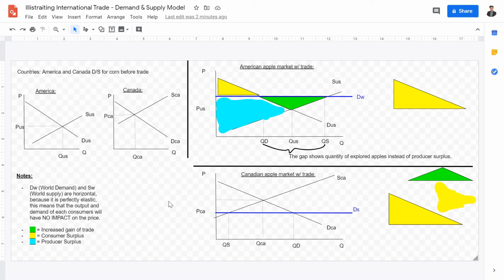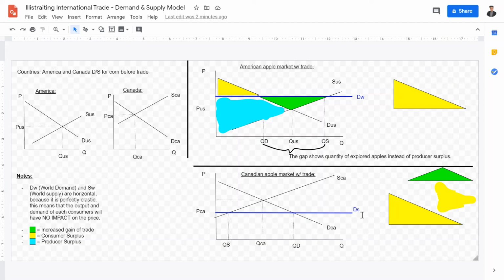Why? Because the world supply is influencing the Canadian apple market, because the supply of the world is imported into Canada, and therefore Canada looks at the world supply. It's very easy. If a country has absolute or comparative advantage, they look at world demand. If a country has comparative disadvantage and absolute disadvantage, then they look at world supply.